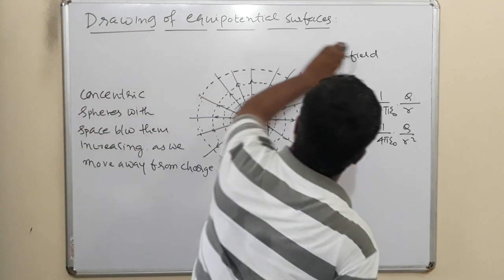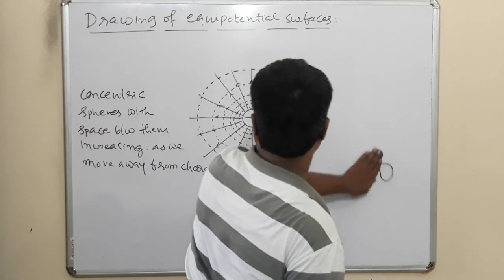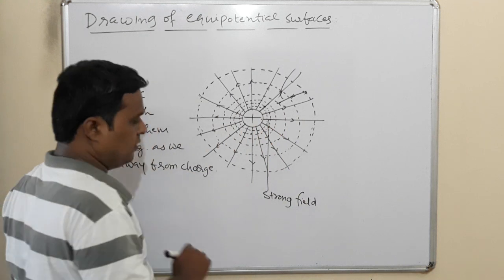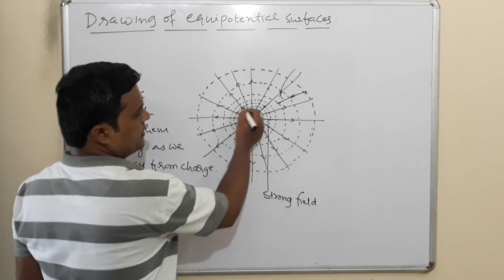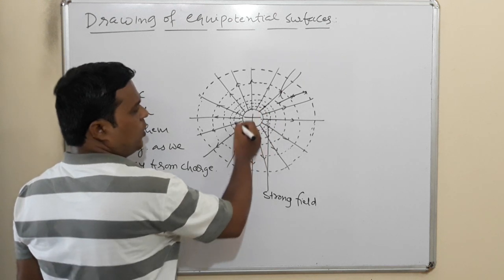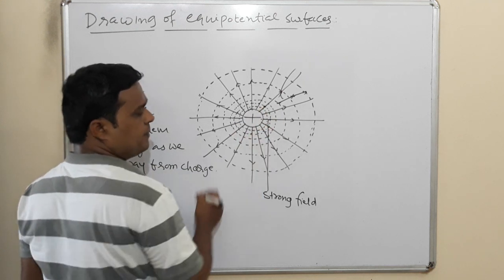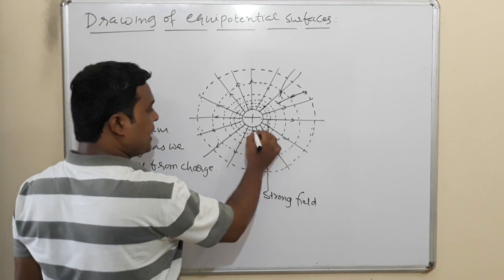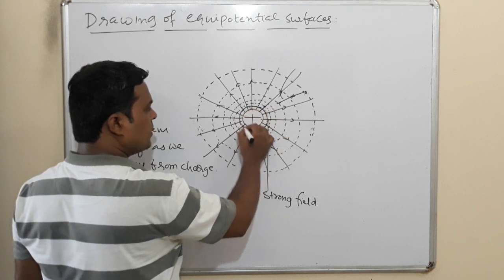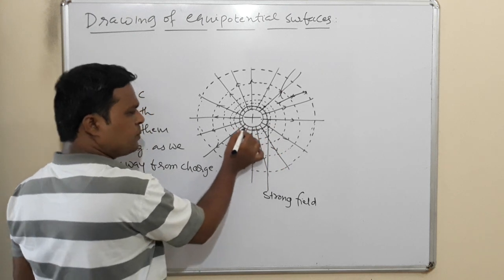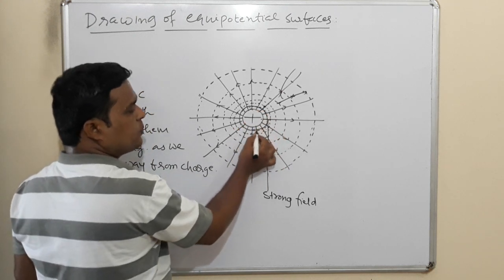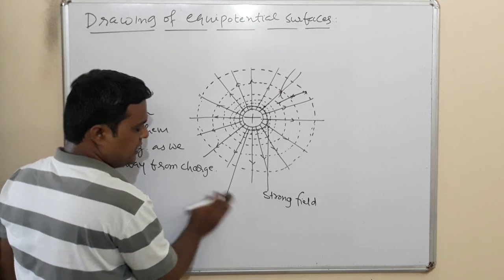Then we will see how to draw the equipotential surfaces. Once again, one more thing we remember is, this is an equipotential surface, which means the potential at all the points at this distance will be the same. Potential at all the points on this surface will be the same. Suppose that the potential at each point on this surface is 10 volt.